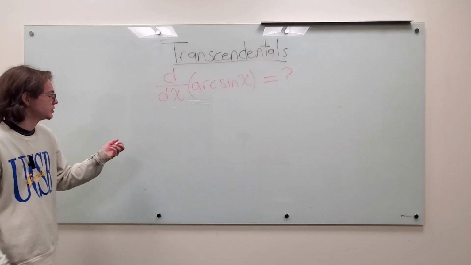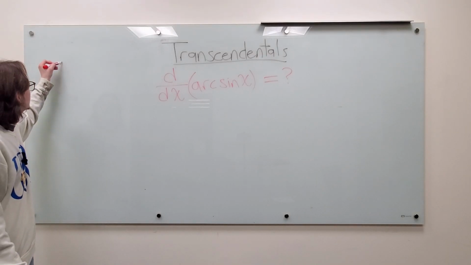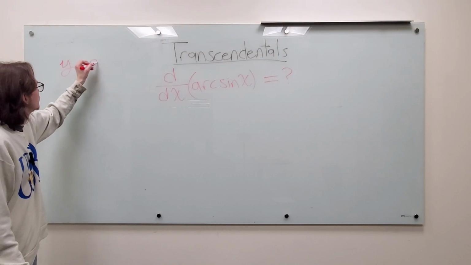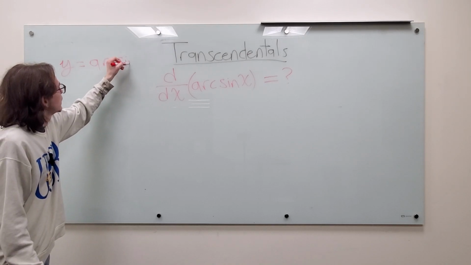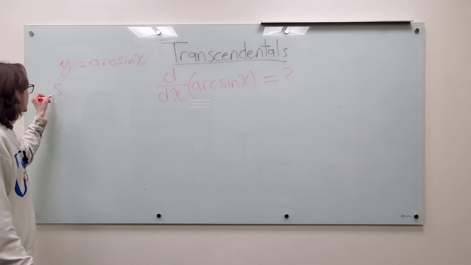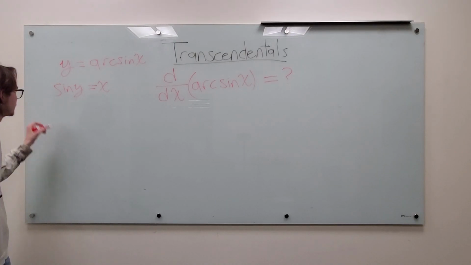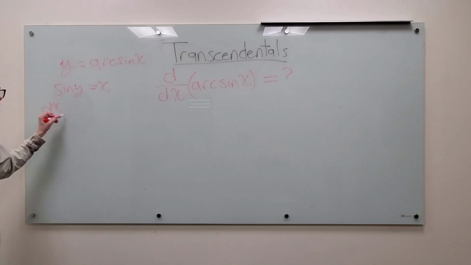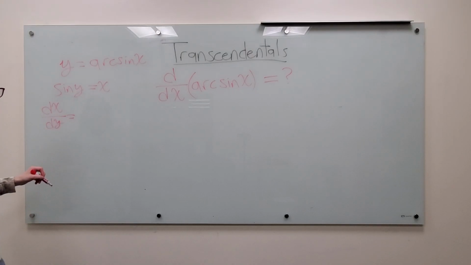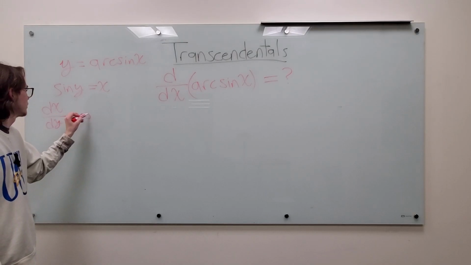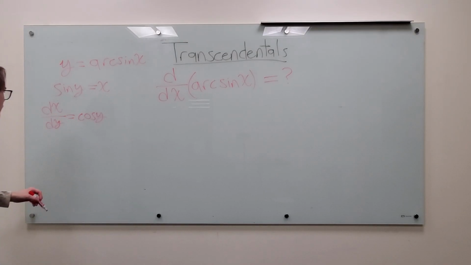So, of course, once again, I'm going to start off by saying if y is equal to the arcsine of x, then the sine of y is going to be equal to x. Therefore, dy is going to be cosine of y.